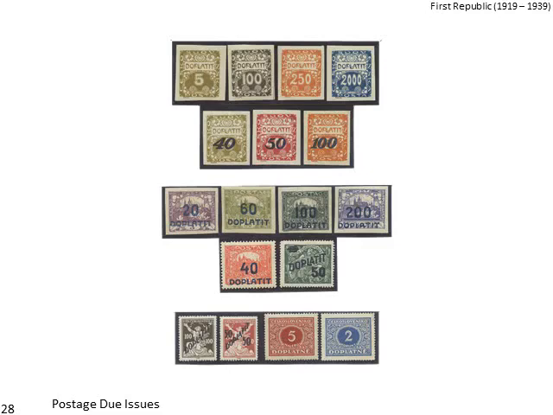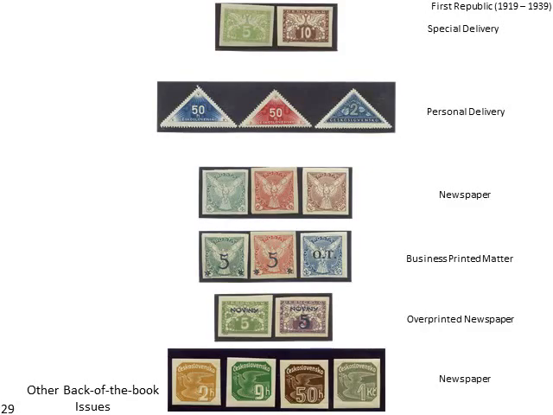Those are rows 2 through 5. Special delivery, triangular personal delivery, newspaper stamps, as well as business printed matter stamps, that's newspaper stamps overprinted OT, were issued. The newspaper stamps, which were also overprinted with new values, were a carryover from Austrian postal practices.